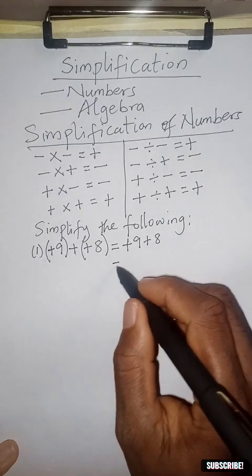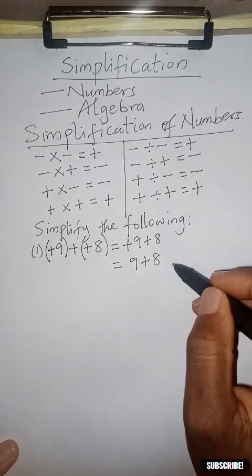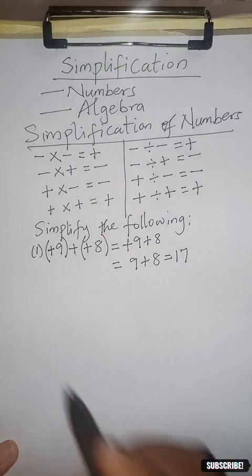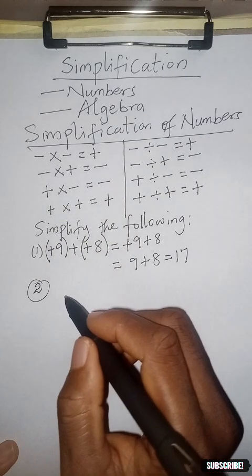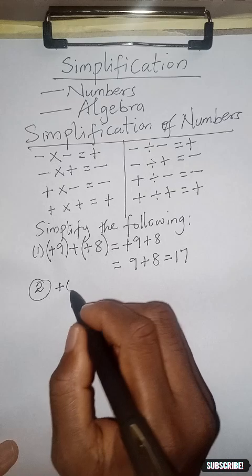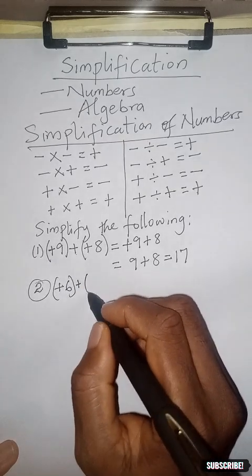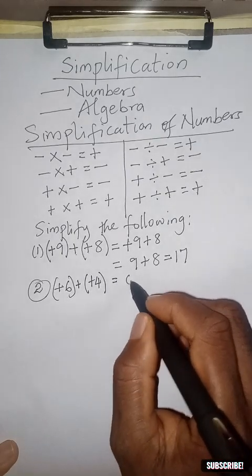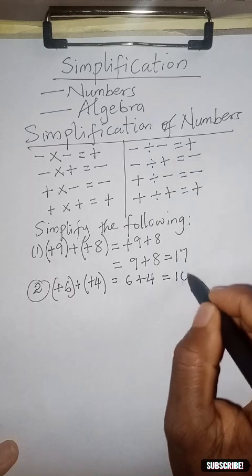If you so desire, you can write 9 plus 8, and your answer is 17. Let's look at another example. If I have plus 6 in bracket and plus 4 in bracket, it is simply 6 plus 4, and that gives us 10.